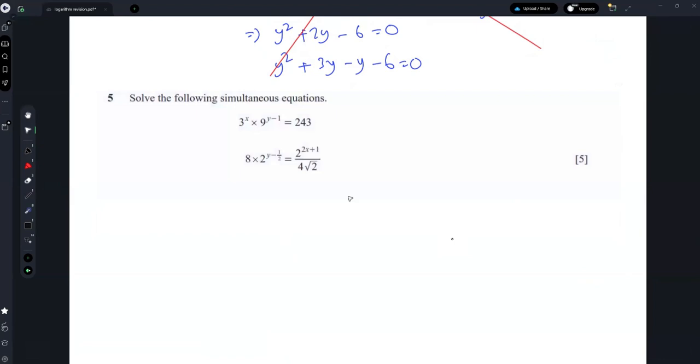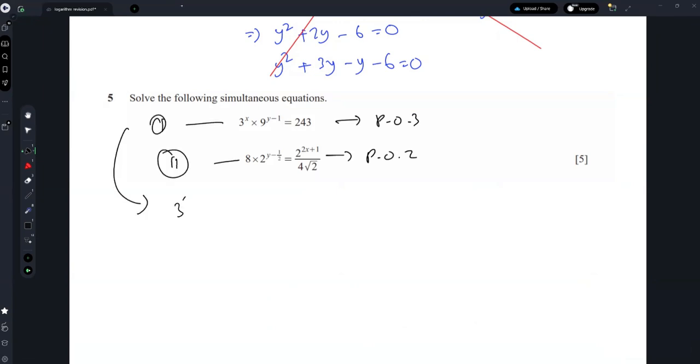This one includes one equation with a power of something, another one with another power of something. This one is power of 3. This one is power of 2. So now for equation 1, I get 3 to the power x times 3 to the power 2 whole to the power y minus 1. 243, if you don't know, is 3 to the power 5.